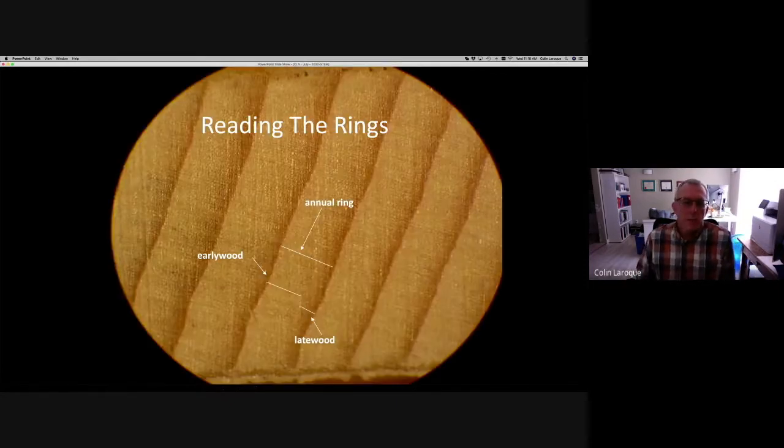Well, how I read the rings really depends on what the question is, but usually we'll look at the annual ring, or that whole band from light to dark is an annual ring. Or sometimes we can break up that annual ring of the growing season into two components: an early wood component that's growing earlier in the season, so that's usually your spring growth, and then the late wood, or sometimes the later in the summer when the tree starts to finish off its growth and get ready for winter.